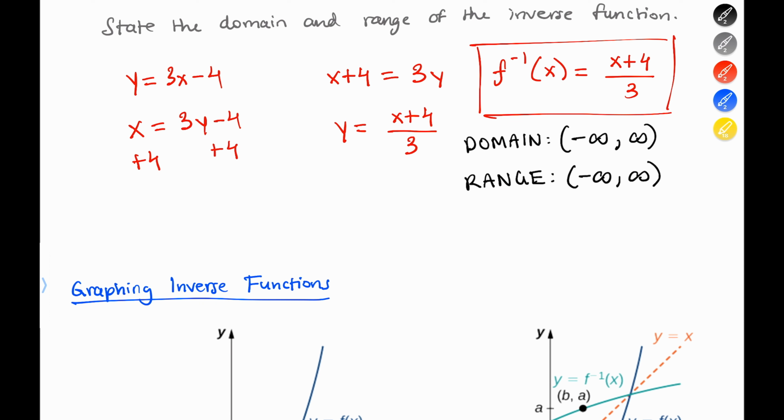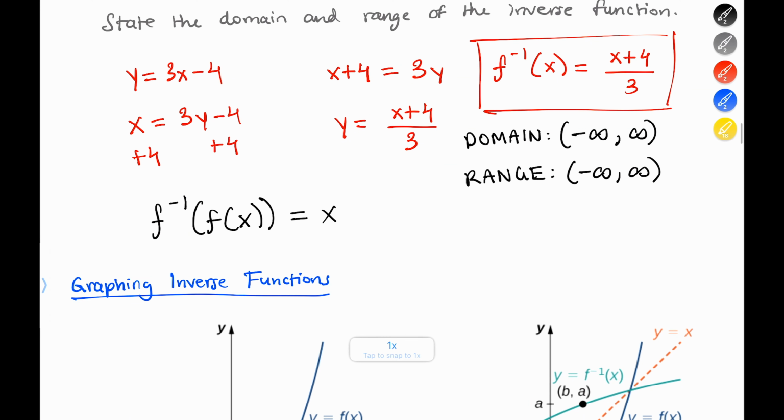Now, to verify that we actually did find the inverse, it would be a good idea to solve for f inverse of f of x, just to know that it is equal to x. So let's do that.